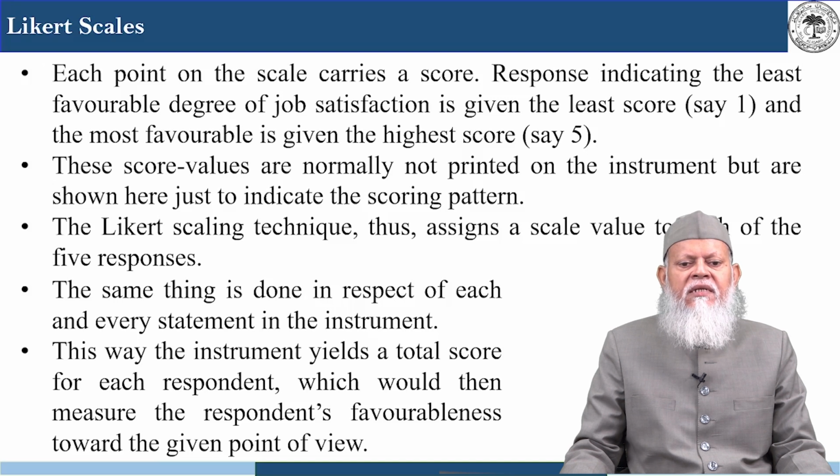The Likert scaling technique thus assigns a scale value to each of the five responses. The same is done for every statement in the instrument. This way, the instrument yields a total score for each respondent, which measures the respondent's favorableness towards the given point of view.